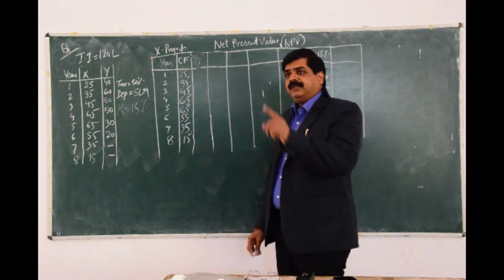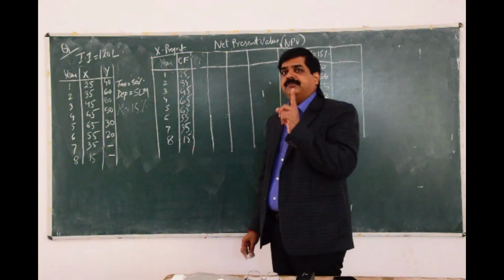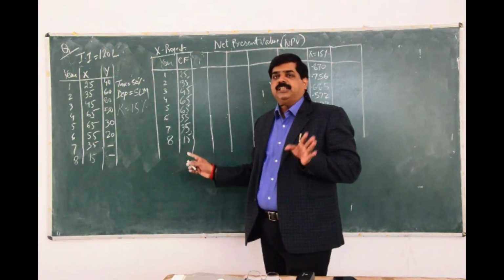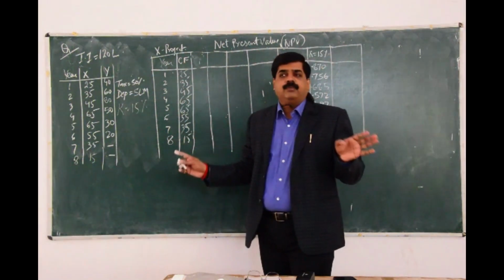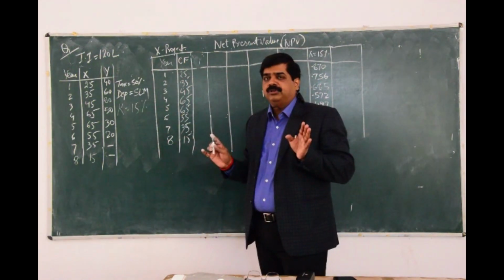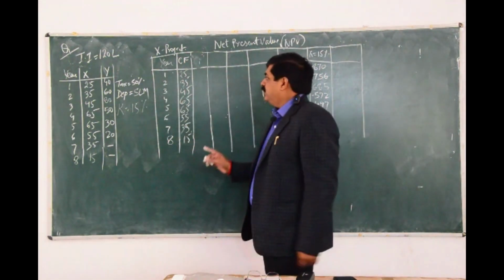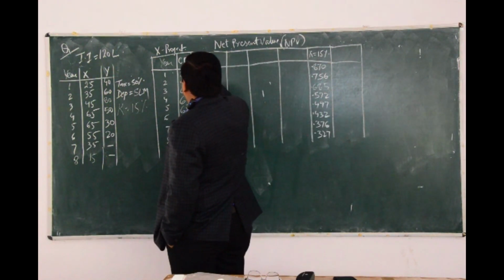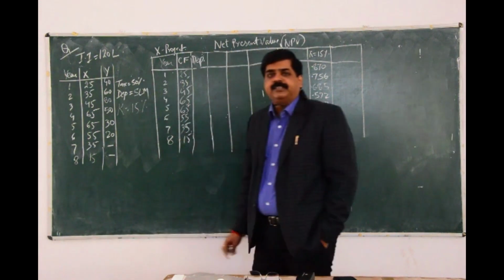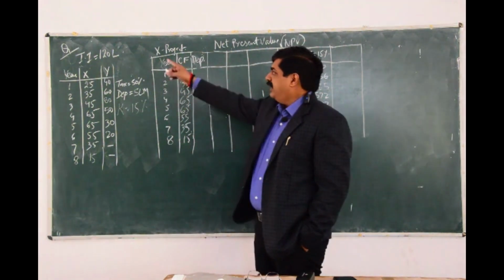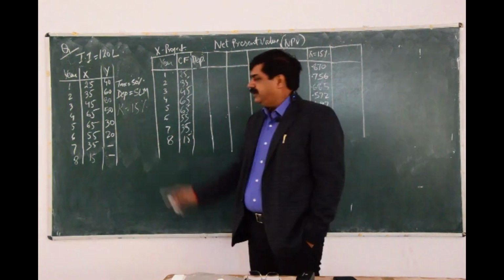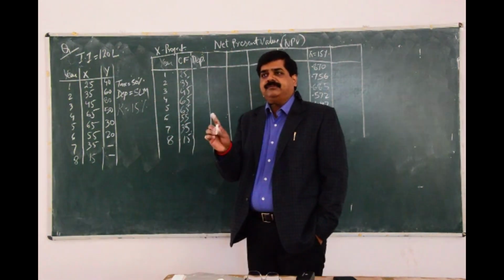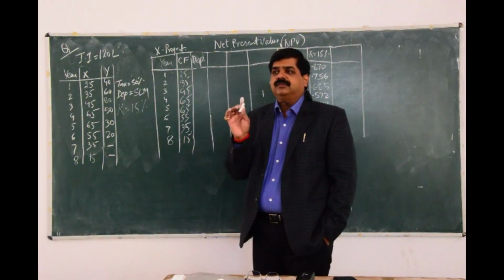ठीक? डेप्रिसिएशन दिया है, इसका मतलब ये हो गया कि ये हमारे अकाउंटिंग प्रॉफिट है, इसमें डेप्रिसिएशन एडजस्टेड नहीं है, तो हमको डेप्रिसिएशन एडजस्ट करना पड़ेगा, और टैक्स रेट भी दिया है। तो तीसरा कॉलम बन जाएगा डेप्रिसिएशन, और डेप्रिसिएशन दिया गया है स्ट्रेट लाइन मेथड से। 1,20,000, life is 8 years, 120 divided by 8 gives you 15.